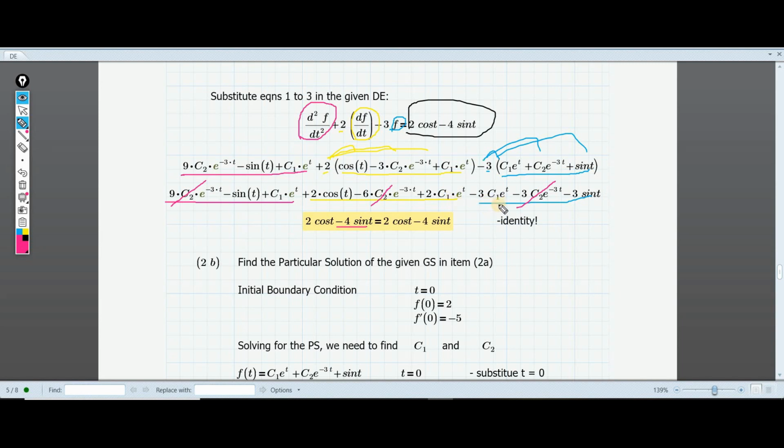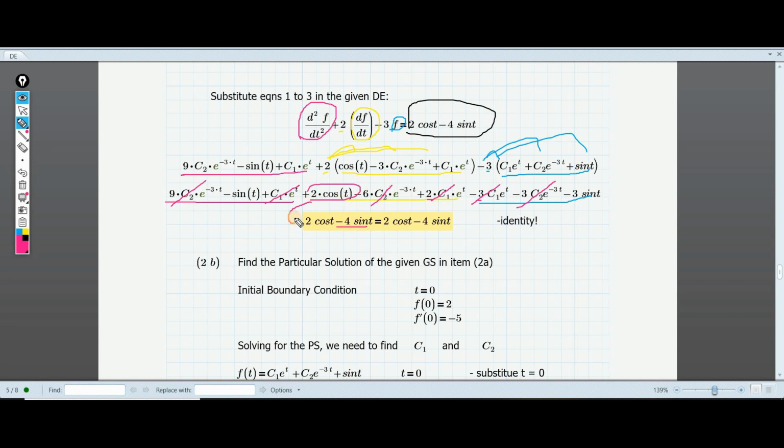And then this one. Okay, so we have 1 here. Plus 2. Minus 3. So that is 0. So cancelled out na rin ito. Okay, next we have 2 cosine t. And then, what's left? Wala na. Okay, so we have 2 cosine t na naiwan dito.